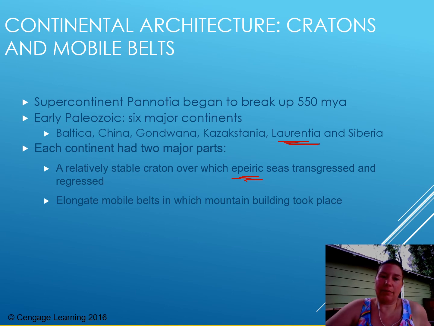And so we have seas rising, which is transgression, and seas falling, which is regression. So this is going to record what's happening throughout much of the Paleozoic. Even though we don't really have significant ice sheets during this time, we do have sea level fluctuating a lot.